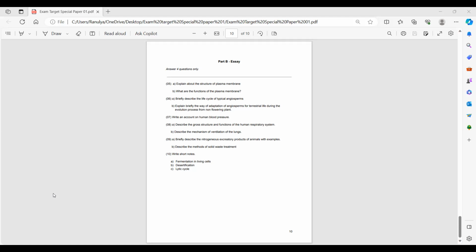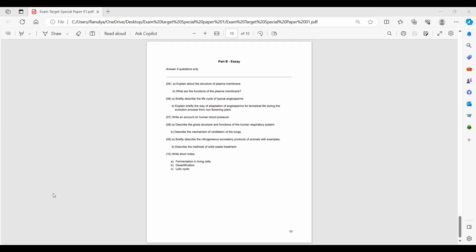Then next point, risk factors for hypertension: obesity, diabetes mellitus, family history, smoking, sedentary lifestyle, high intake of salts, high intake of alcohol, stress, deposition of low density lipoproteins on artery walls.